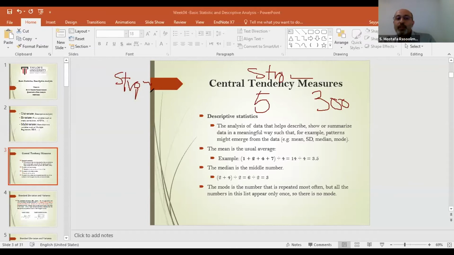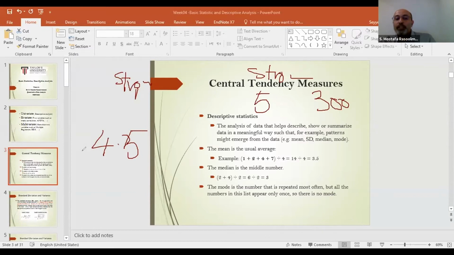For the first respondent, for example, the answer is 4. For the second respondent it is 3, then 5, 2, 1, 3, 4. When we get the average of these 300 respondents, for example, the average is 4.5. So this is the average of these 300 responses.